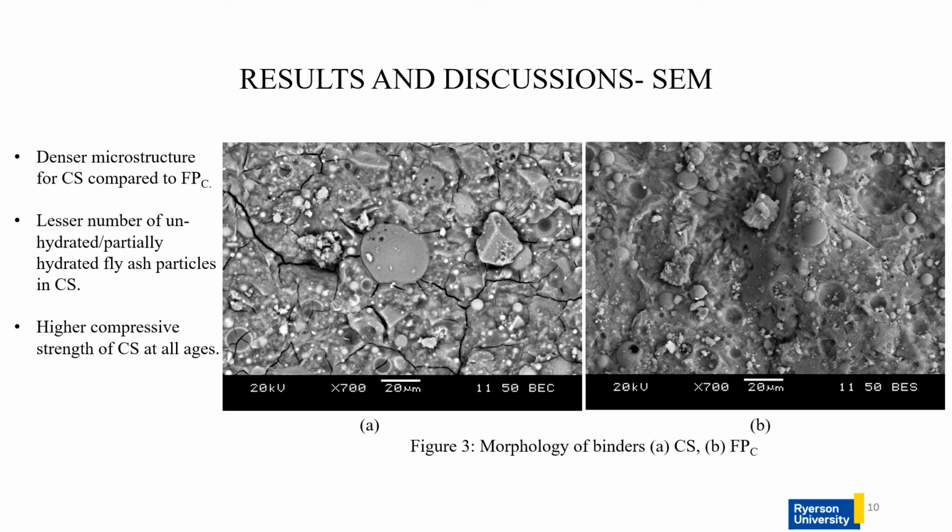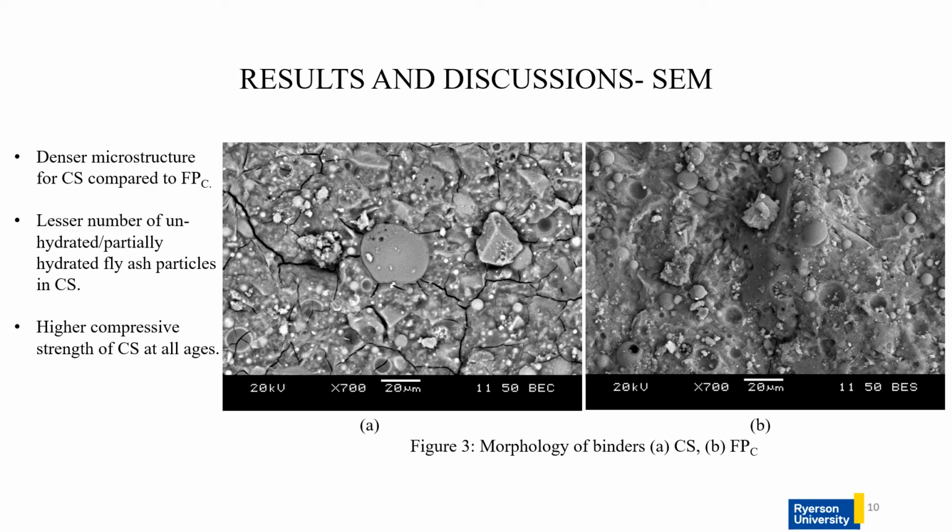So as we can see, the mix CS on the left hand side and the control mix FPC on the right hand side, the mix CS has a lesser number of unhydrated or partially hydrated fly ash or slag particles in comparison to the many unhydrated or partially hydrated fly ash class F particles in the control binder.